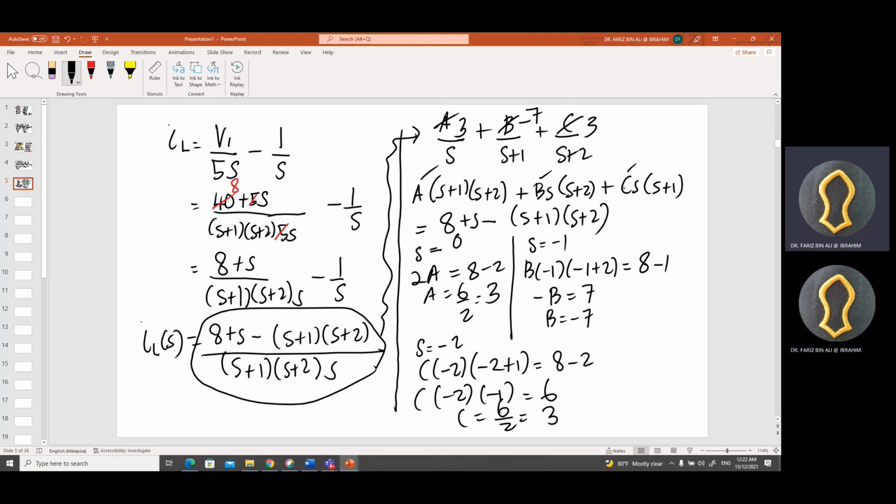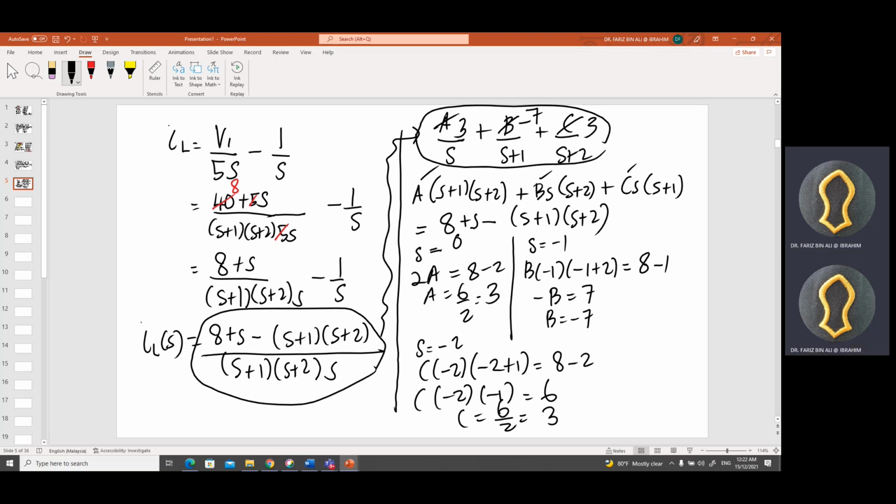C is 3. So here you can look at here. I think it is not difficult to convert it to time domain. So we write down somewhere here, IL in time domain, is 3 minus 7 exponential minus t plus 3 exponential minus 2t, and this is all multiplied by u(t), and the unit is ampere, don't forget.